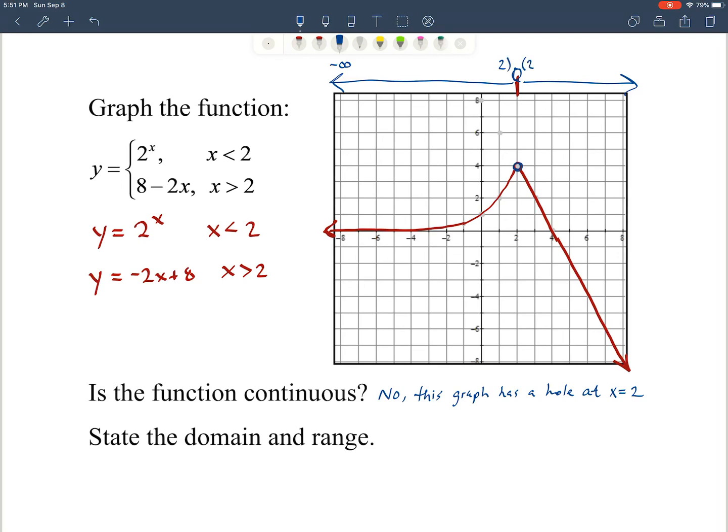And then we're going to start at 2 and go to infinity, right? So we're going to say this is negative infinity to 2, and we're going to put a parenthesis. We're going to draw that U for the union, and then we're going to say from 2 to positive infinity, and then close it.